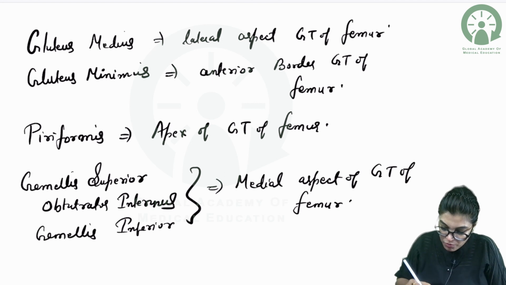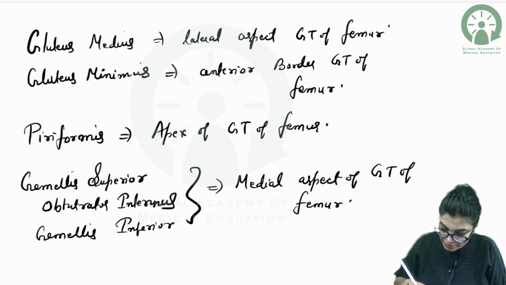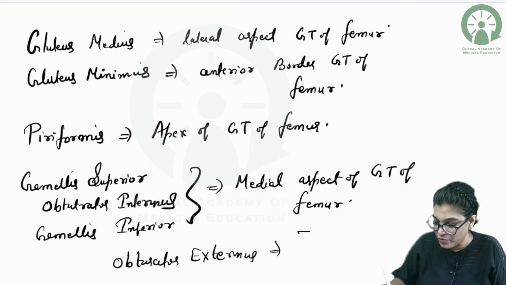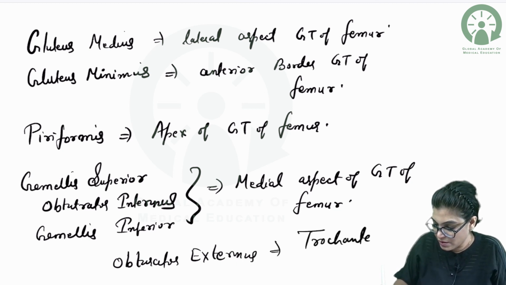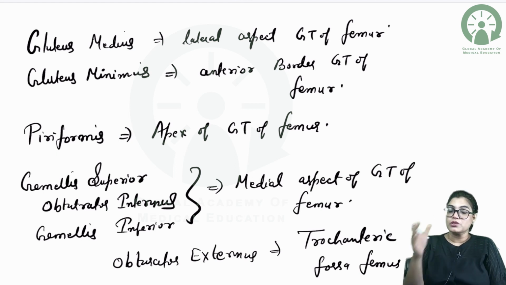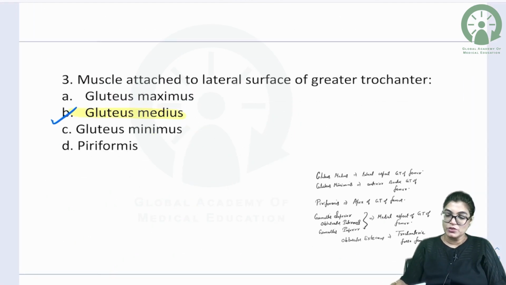Other than that, there is one more muscle called obturator externus. Actually, obturator externus is inserting into trochanteric fossa of femur, and this trochanteric fossa is also on the medial side of the greater trochanter. So these are a few muscles having insertion close to the greater trochanter of the femur. So please note down that.